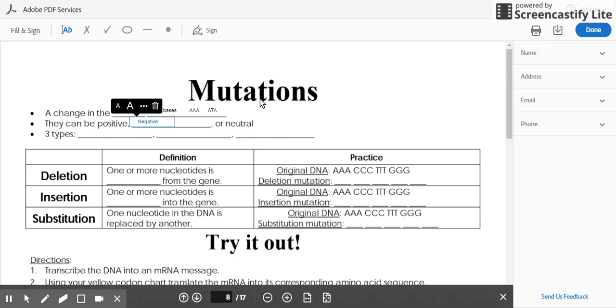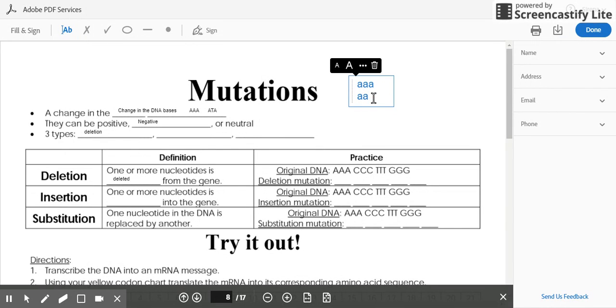Every person has mutations. Every single person will have a mutation. There are 3 different types of mutations. You have deletion. And of course, deletion is when one or more nucleotides are deleted from the gene. So it's supposed to be AAA, and deletion happens when one or more bases are deleted.